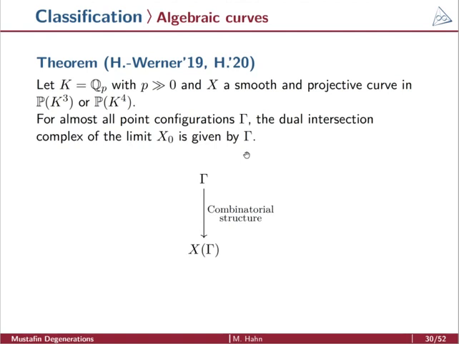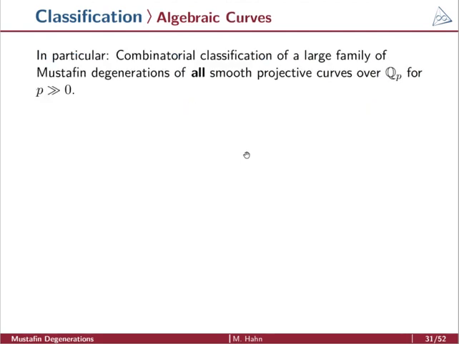What we do get here is a combinatorial classification of a large family of Mustafin degenerations of all smooth projective curves over the p-adics, where I should say that we have to take p sufficiently large. Also there is the bound on the ambient space and the embedding, so that we can only embed the curve into P^4 at max.